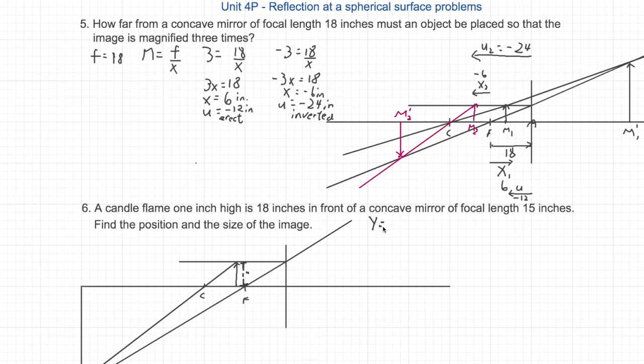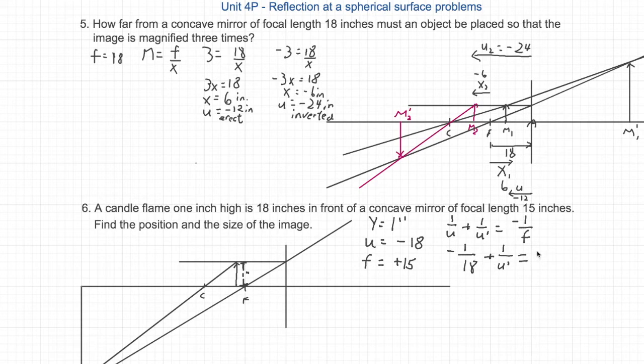Okay, let's plug into our formula. u is equal to negative 18, going from right to left. The focal length is 15. So we're going to use our mirror formula, setting it equal to negative 1 over f, since the focal length is what we are given. We'll plug in. We'll isolate our u prime variable.